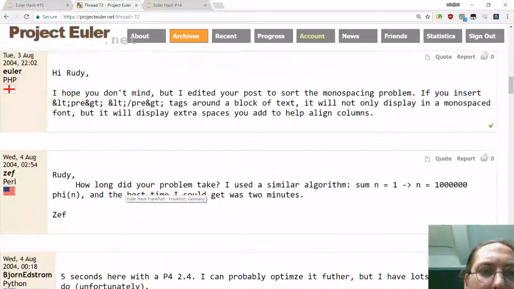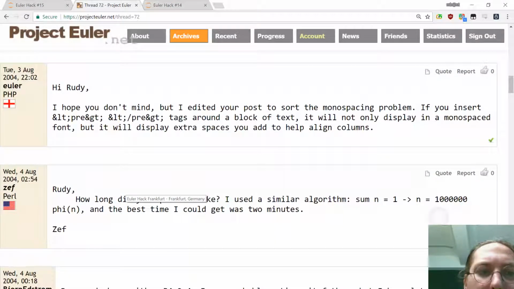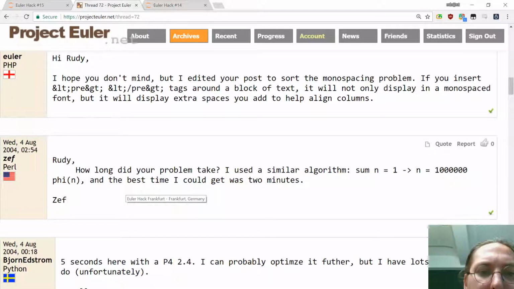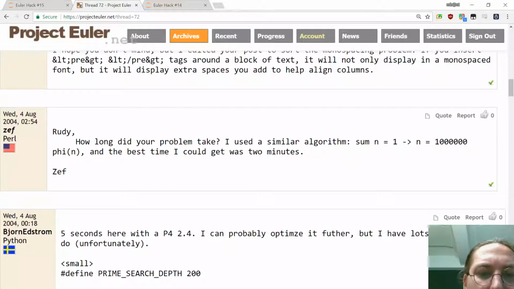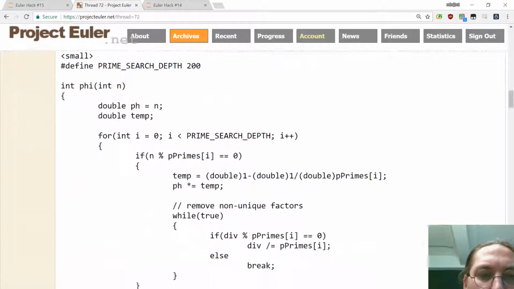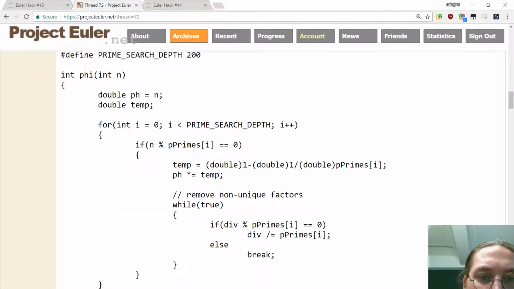Hey, how long did you use a similar algorithm? Phi, and the best I could get was 2 minutes 5 seconds. Prime search depth 200. Phi int p. And how does he calculate the phi? Double n.